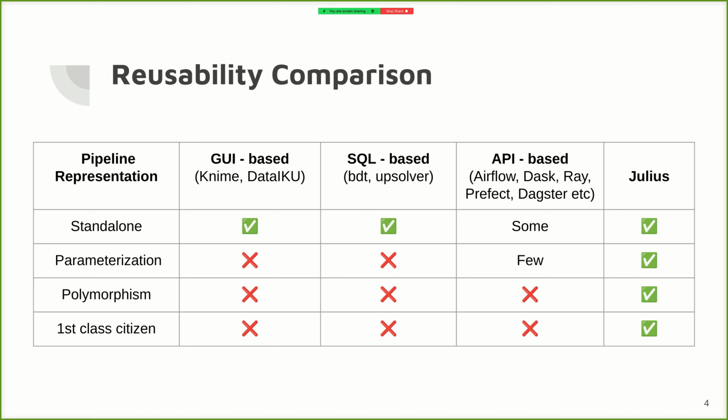So generically speaking, if you want to maximize your reusability, you need a representation of pipeline that can actually take parameters and understand the data types. Later on, we will go through a demo and you'll see how Julius does it. Right now, there's no other tool on the market that can offer such flexibility.